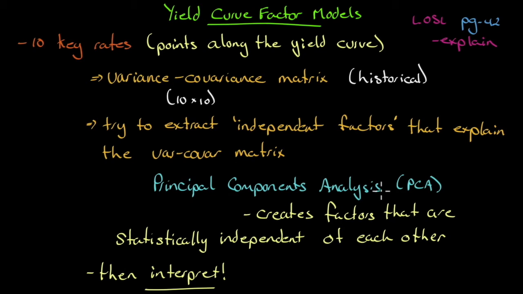It can only use what's left over. And that will get the second highest amount of variability, and on up to a maximum of 10 factors, because we only have 10 maturity points. You can't have 11 factors explaining 10 things. And that's it. Typically, the first 1, 2, maybe 3 pretty much tell everything. And you can add the explanatory power of each factor together because they are linearly uncorrelated.